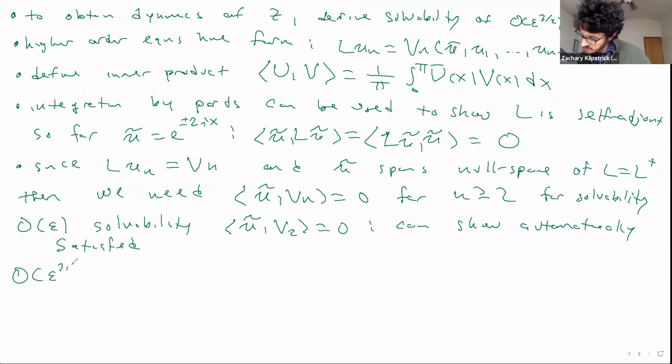Now, at order epsilon to the 3/2, that's where we have to enforce solvability, and we get something non-trivial. So we take U tilde, and we integrate it against the right-hand side of that, okay?